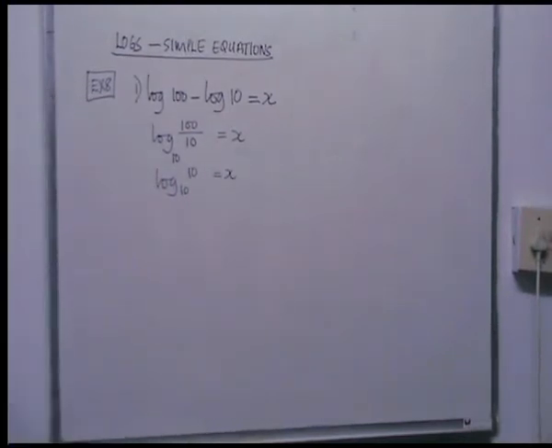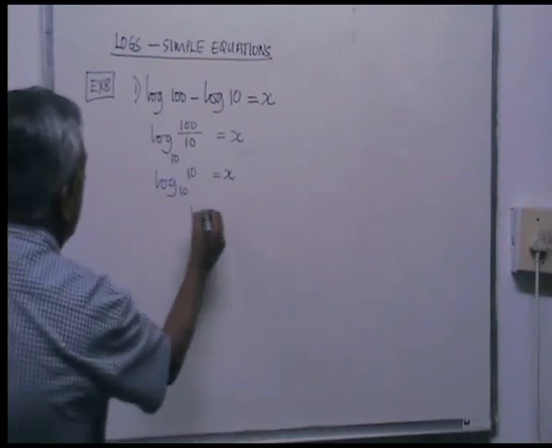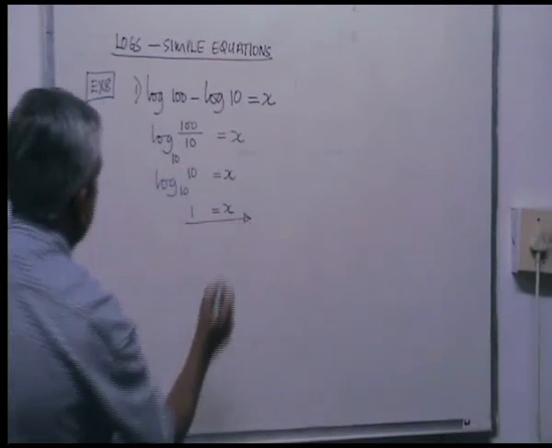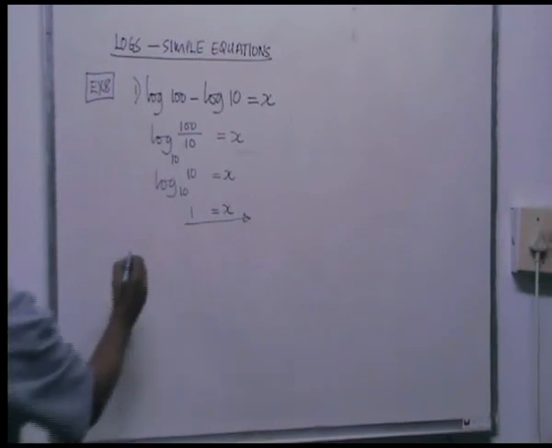Now you've got two choices. You can put this in the calculator straight away, as it is. The log of 10 to the base 10, you just put it in the calculator and you get 1. So 1 is equal to x, and you have finished solving that. In this case it was very, very simple because it was in base 10, so that's the end of story. Right? Let's look at number 2.